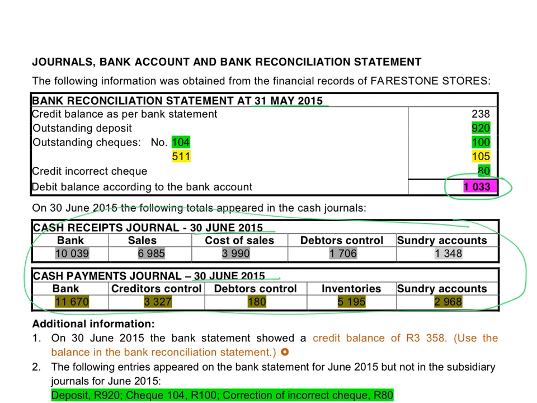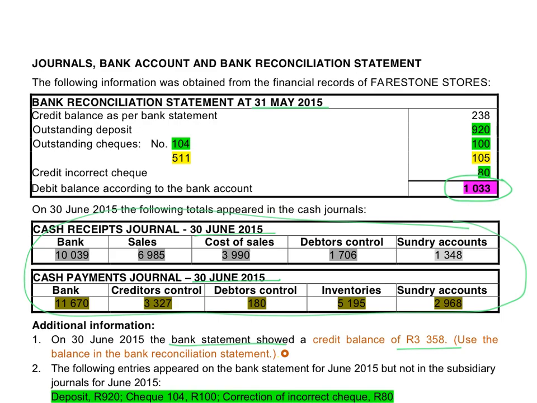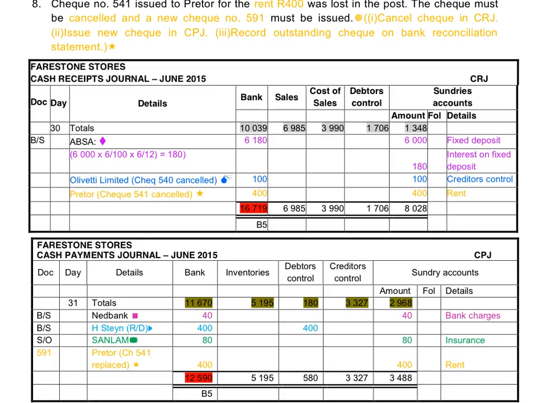They say to me that the bank statement showed a credit balance of 3358. We will start the bank reconciliation statement with this closing balance in the bank statement. The totals that were provided for the cash receipts journal will be my opening totals.